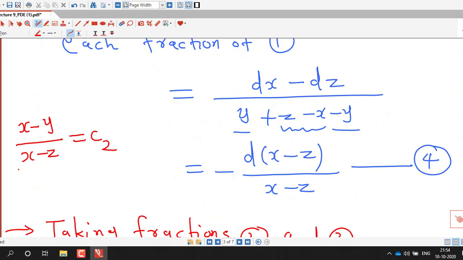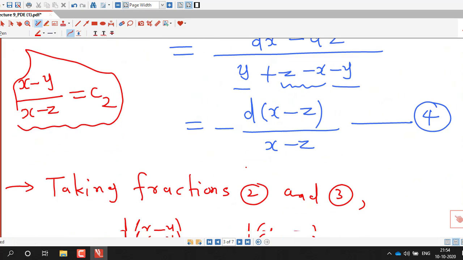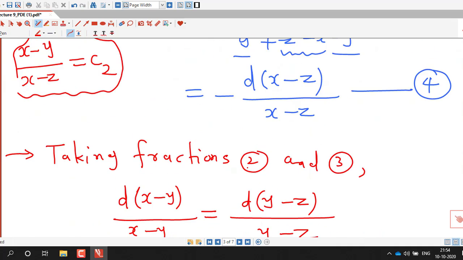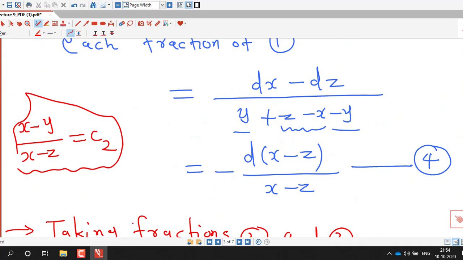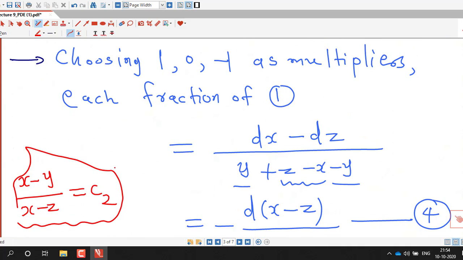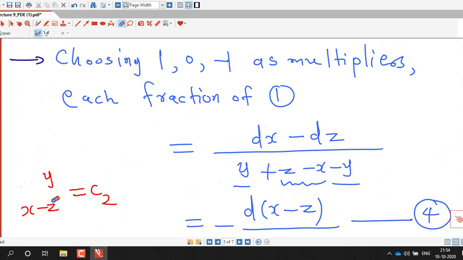So this is also a valid solution, but be careful, you have to write only 2 integrals for Lagrange Auxiliary Equations. So instead of taking 3 and 4, suppose you are taking 2 and 4, then you will obtain this integral. So that is also correct, but we have to write down only 2 solutions in Lagrange Quasilinear Equations.